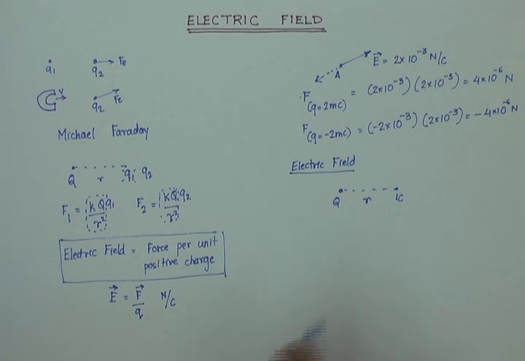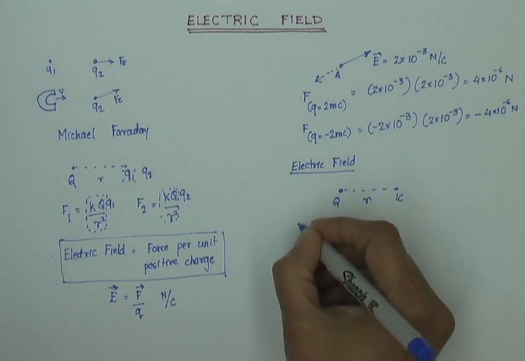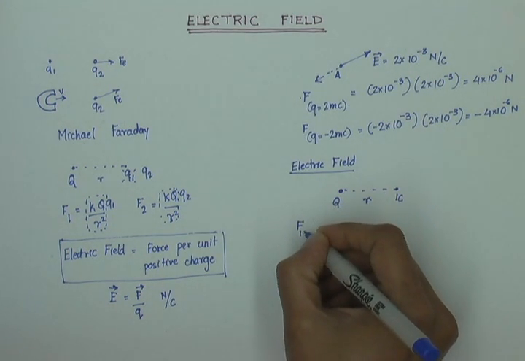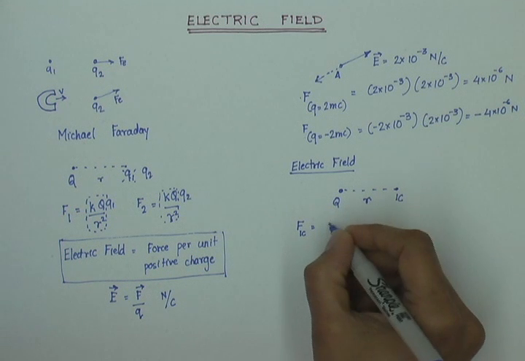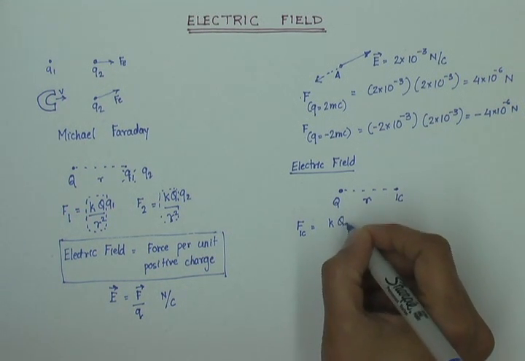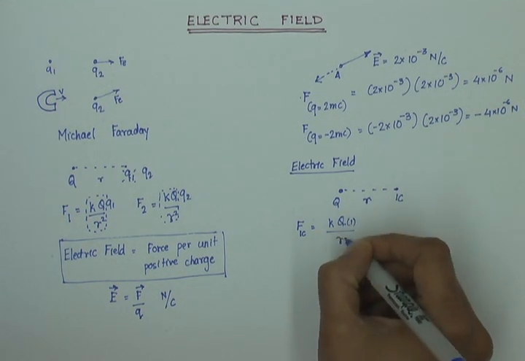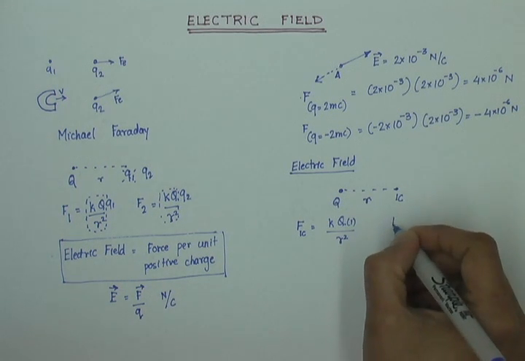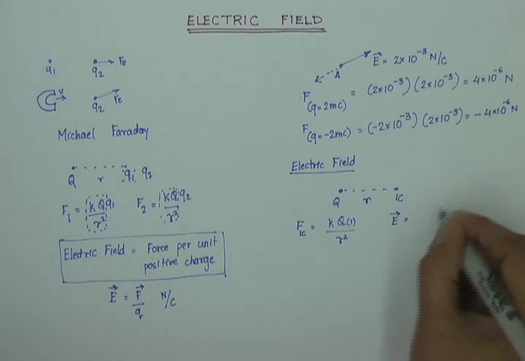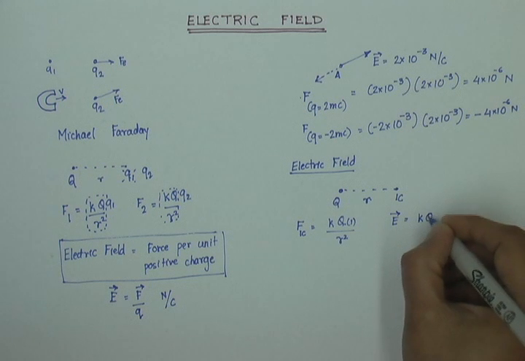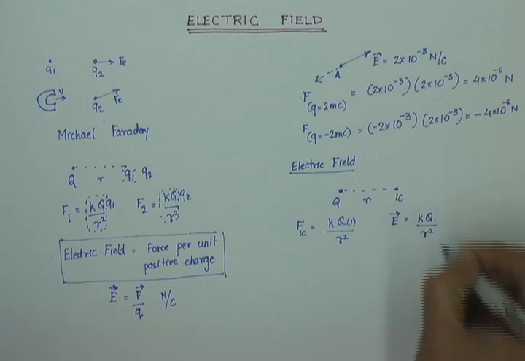Another way is to find it theoretically, and to do that, I know that by Coulomb's law, the force experienced by 1 coulomb charge can be given as kQ into 1 over r squared, and hence I can write my electric field at this point as kQ over r squared.